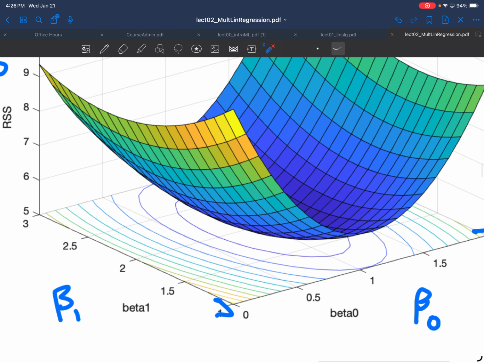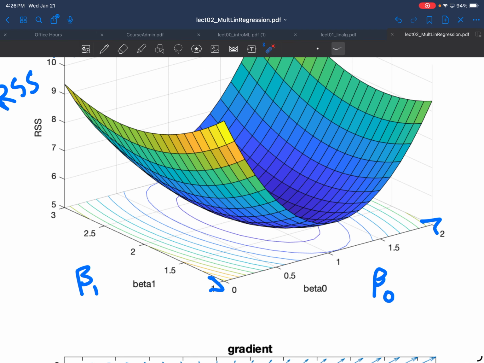So does anybody see something just from this picture that's kind of special about the bottom of the bowl in terms of the slopes? Maybe 0. Yeah. When you're sitting at the bottom, any direction you look in, the slope is 0, meaning it's not going up or down. It's no matter where you look.